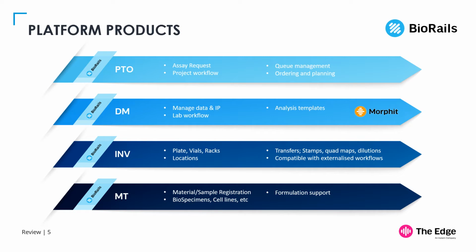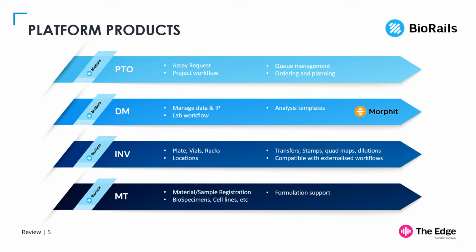It allows project teams to request the assays that will provide the data to clarify the properties of their molecules. Once those assays have been requested, then the assay scientists will receive demand for those assays to be run. They can optimize the delivery by coordinating the logistics, so that's the inventory, along with the testing resources in order to get those tests run.